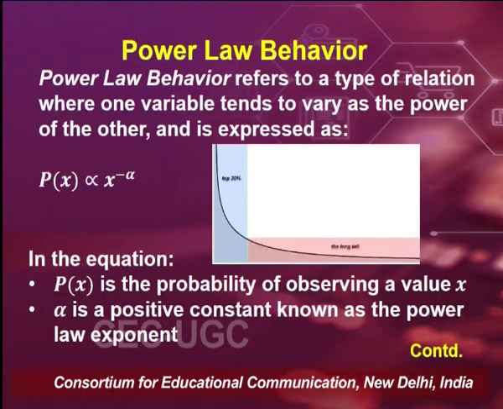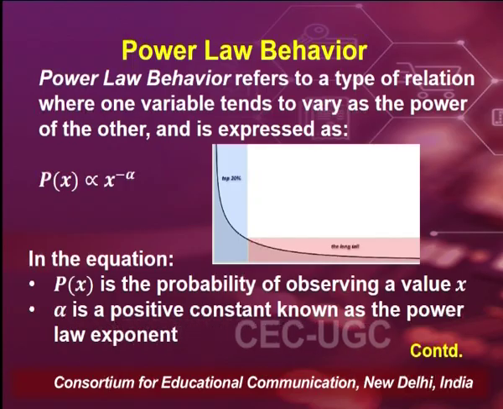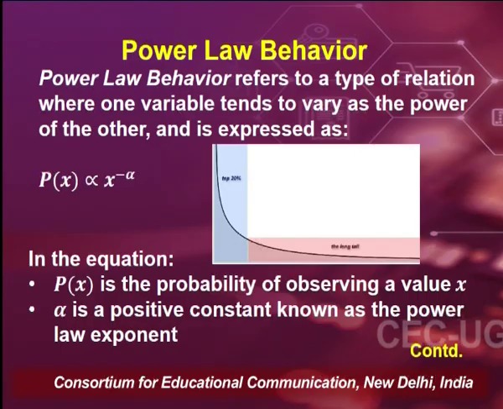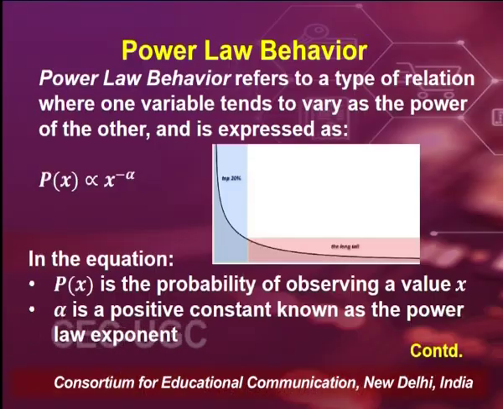Now, the next one is the power law behavior. This is another behavior that is associated with social networks, where we often see a relation in which one variable tends to vary as the power of the other.